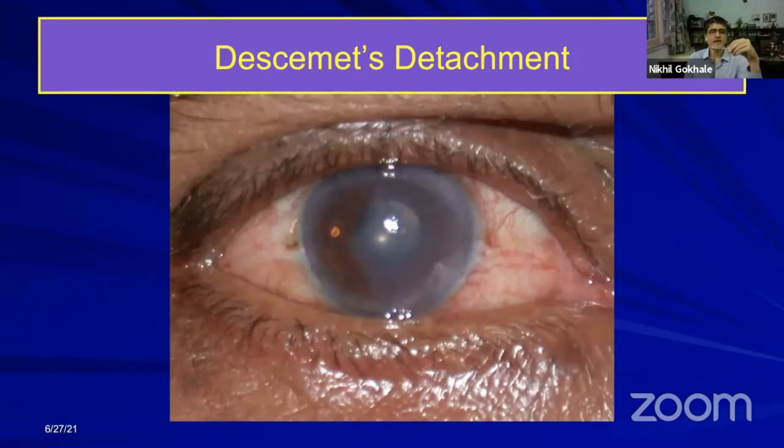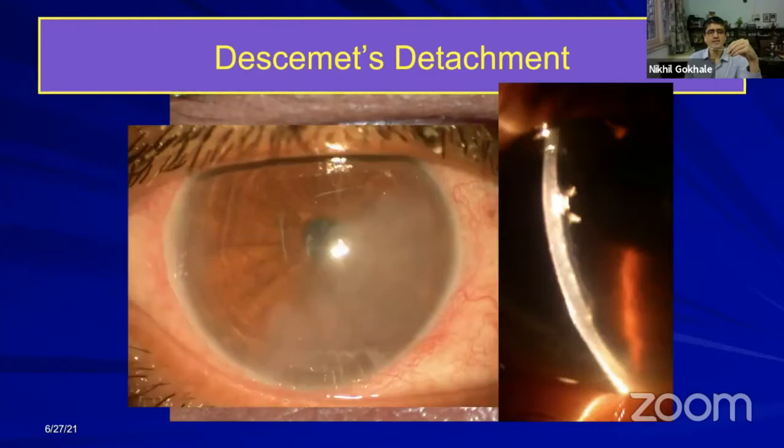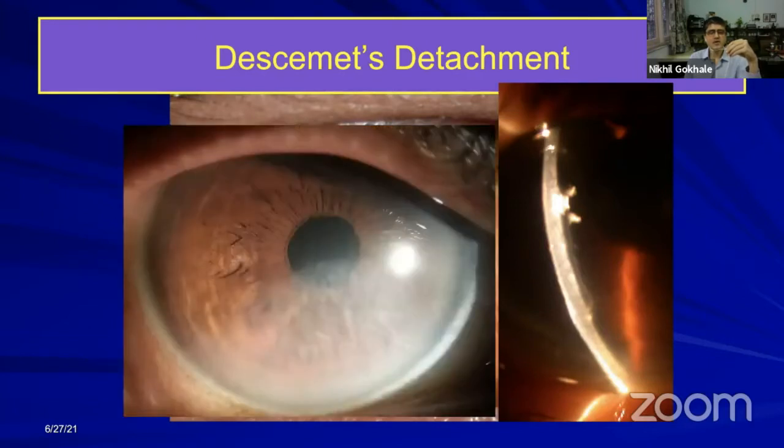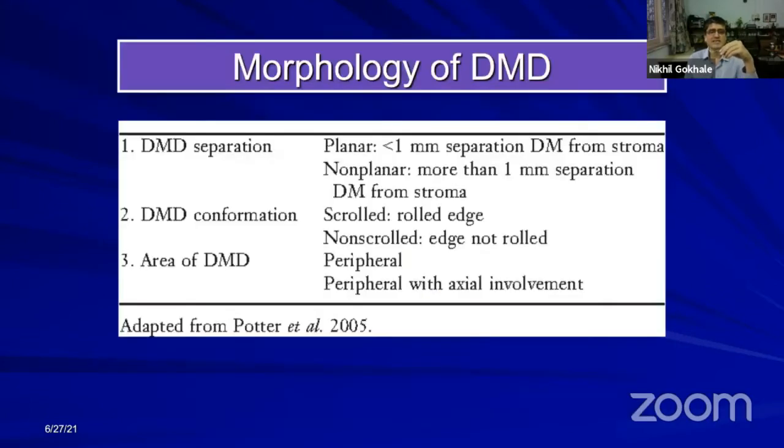So when you look very carefully at these cases, what you realize is that there is a very sharp distinction between the clear and the edematous cornea, a sharp margin, as I mentioned, which is very strongly suggestive and should make you suspect a Descemet membrane detachment. If you cannot clinically pick it up, you can do an OCT, which might help you to distinguish it. And a very important factor is to look whether these are planar detachments or non-planar.